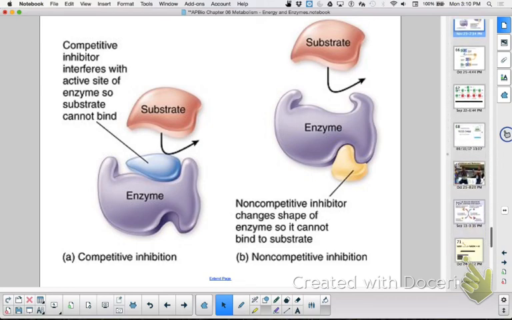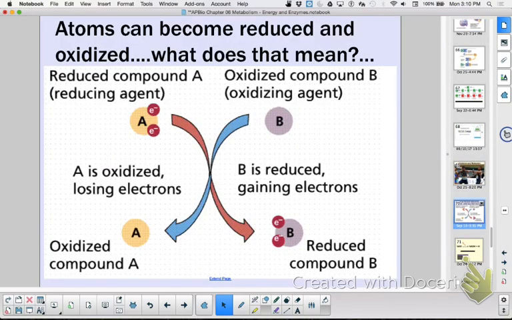Okay? The last thing you really want to get in your head, reduced and oxidized. If you're reduced, you have more electrons, more energy, but you're called reduced because you have a lower charge. What are the 2 ways to get reduced?